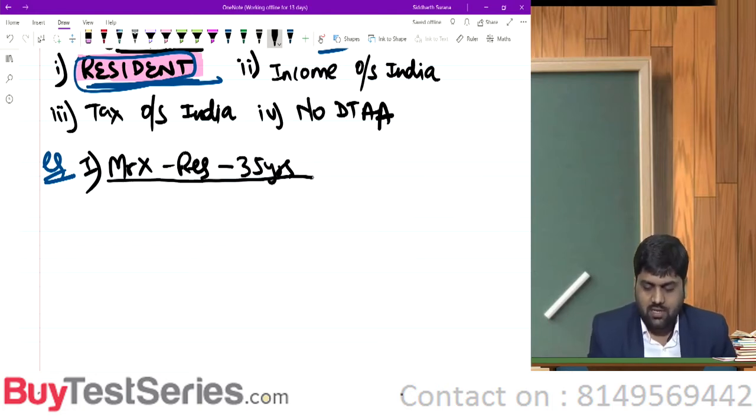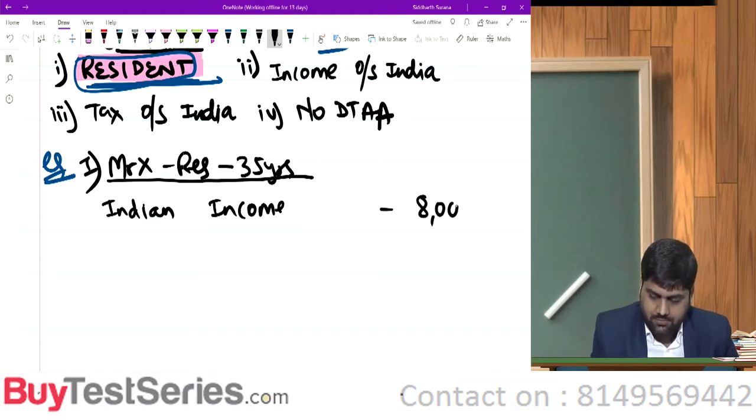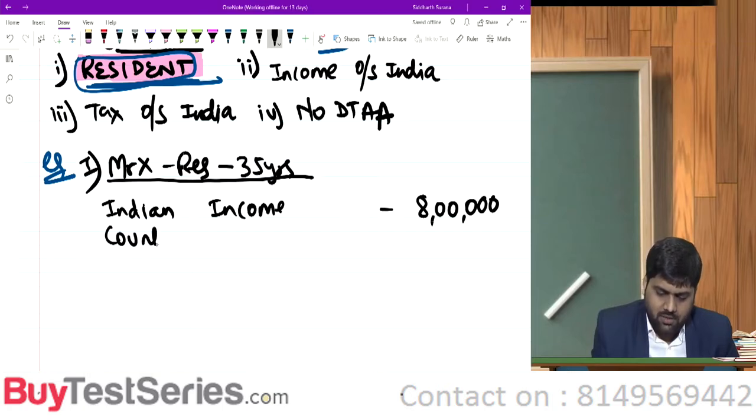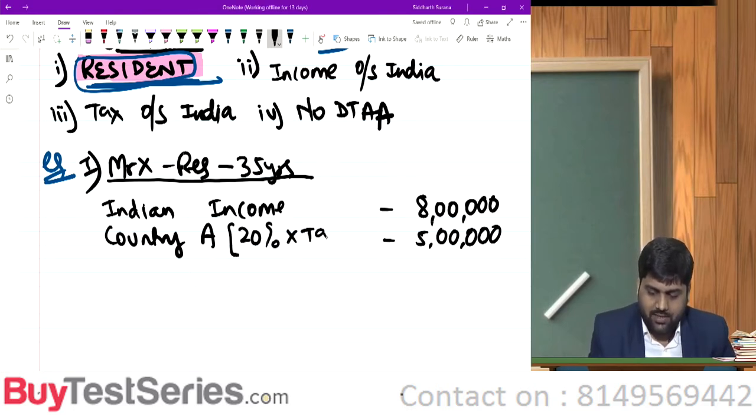So, Mr. X, resident, age 35 years, is giving you his income details. He has got income earned in India, rupees 8 lakhs. And he has got income earned in a country A, 5 lakh. Indian income 8 lakh, country A 5 lakh, and this income in country A, he has paid 20% tax.